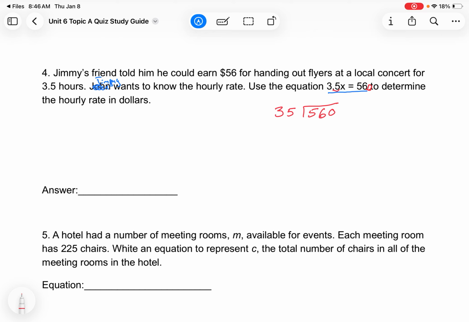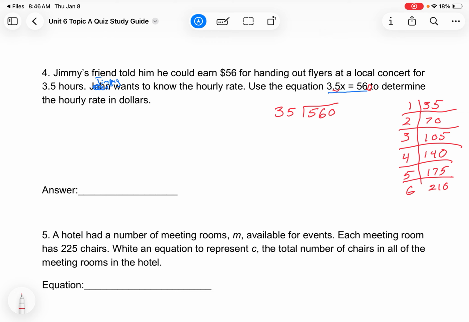And so 1 is 35, 2 is 70, 3 is 105, 4 is 140, 5 is 175, 6 is 210.